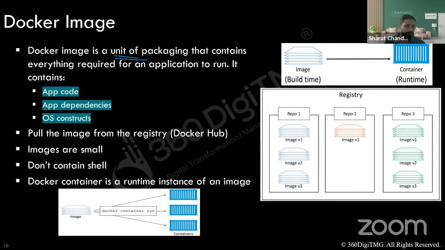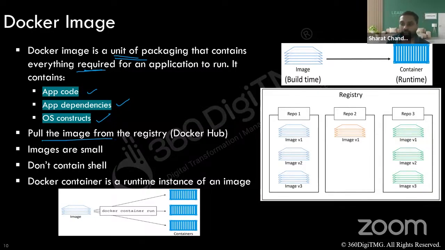It contains everything that is required for your application to successfully run. When I say everything, I mean all the dependencies, the OS related library files or binary files, the application related dependencies. There could be version mismatch issues, so what version of the application you are using, all those things are packaged together along with your code.